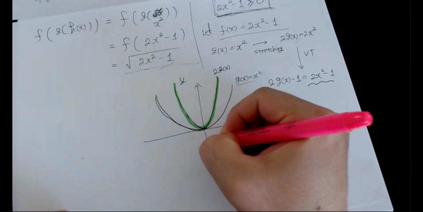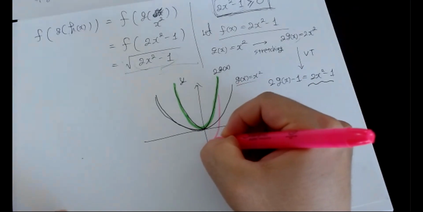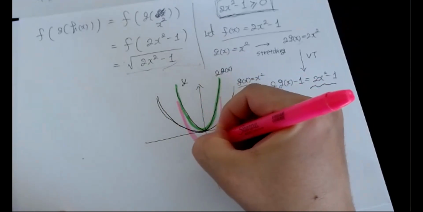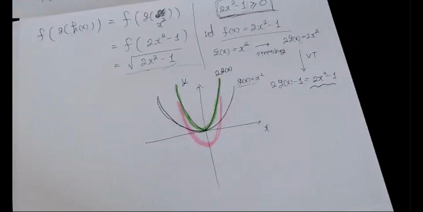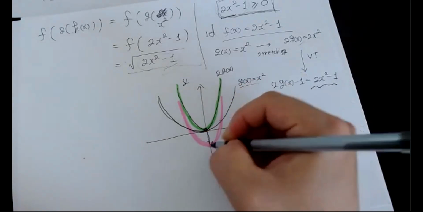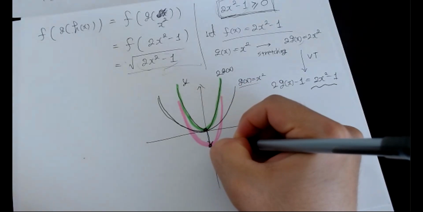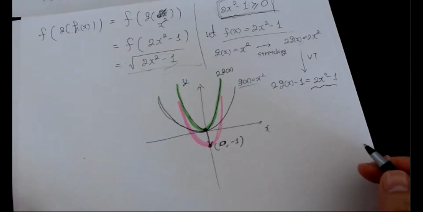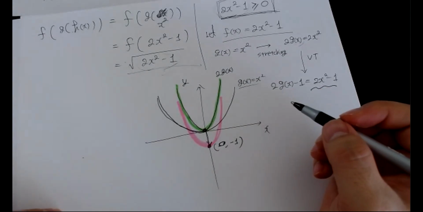So we got this. So 0, 0 goes down 1 unit, so this is going to be 0, negative 1, right?